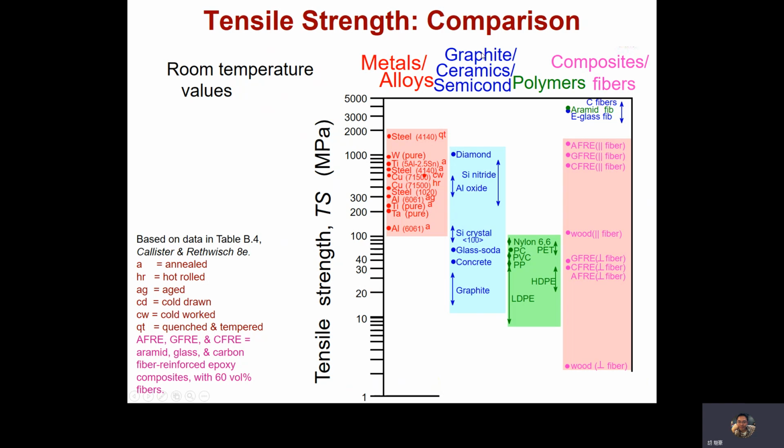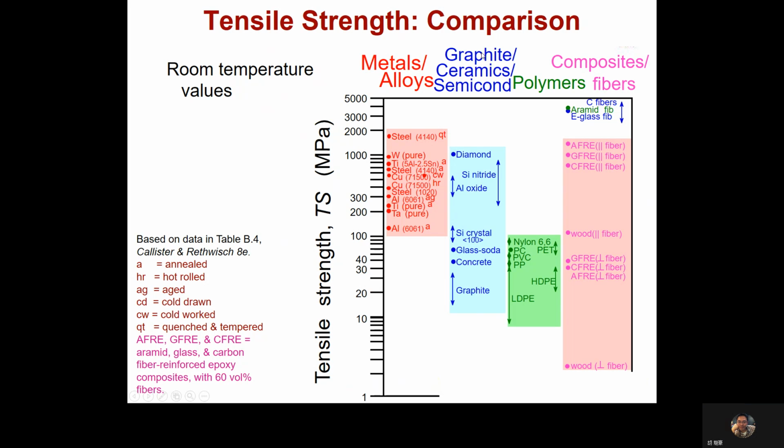One characteristic of metal is that when the applied stress is higher than the tensile strength, necking occurs, right? The metal necking occurs. But for ceramics, there is no necking phenomenon.